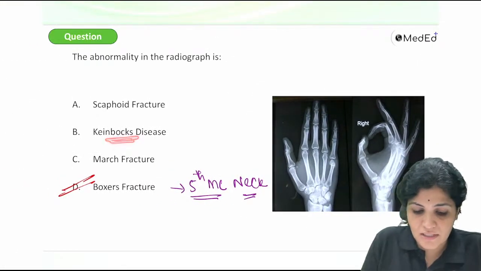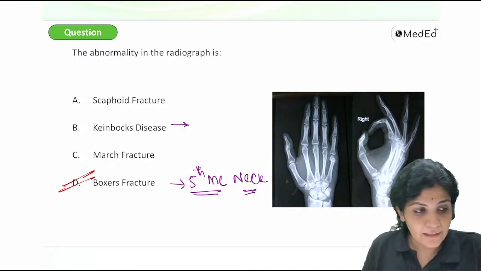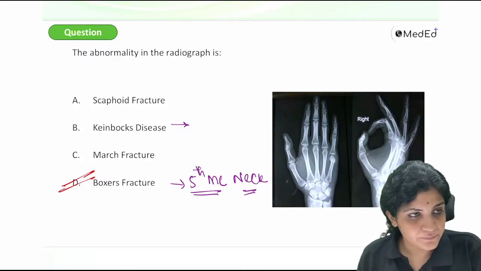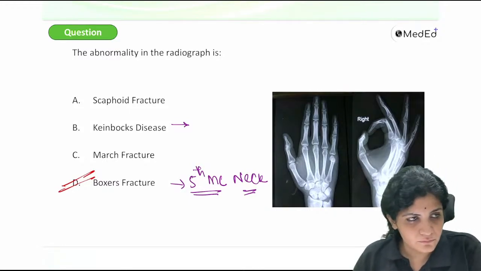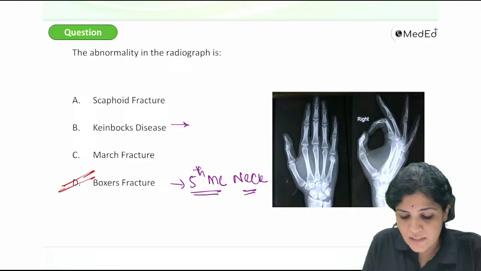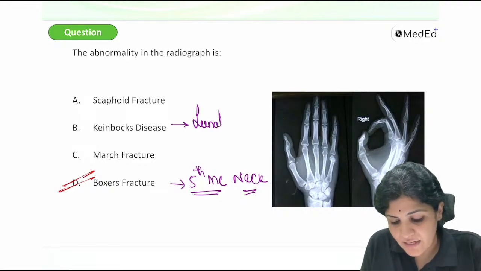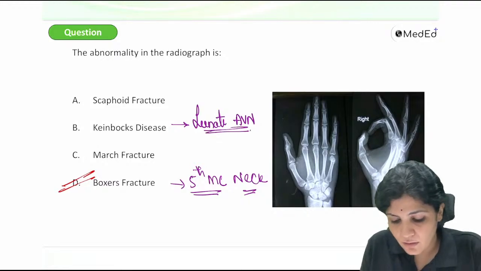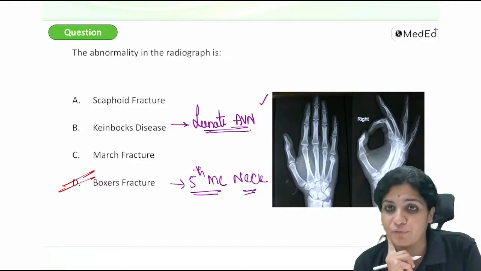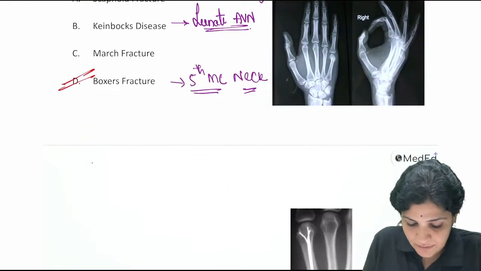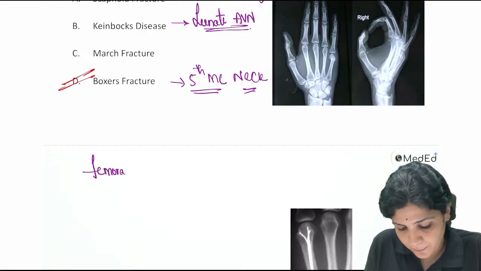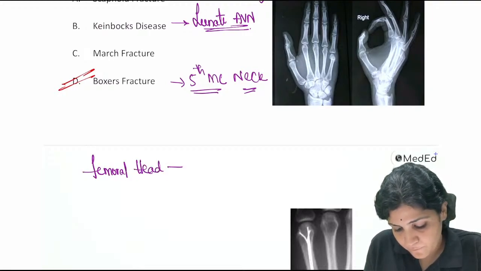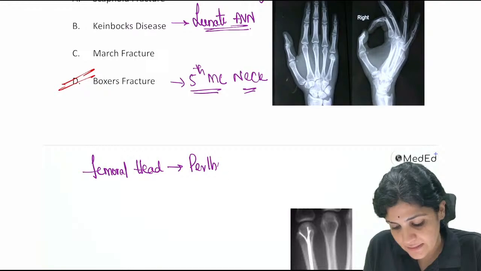Then what is Kienbock's disease? Kienbock's disease is lunate avascular necrosis. We have avascular necrosis like for the femoral head, it is called Perthes disease, if you remember. Femoral head, it is Perthes disease.